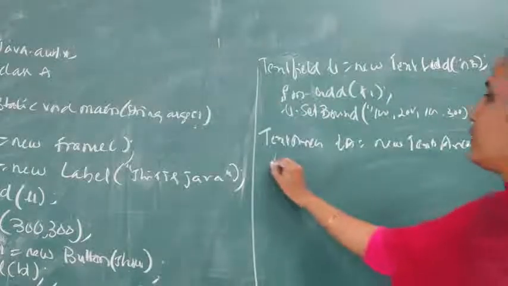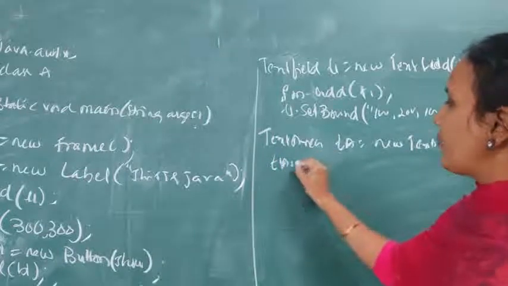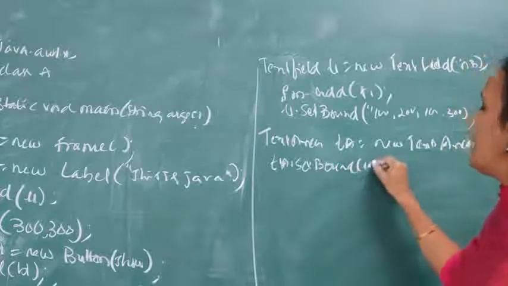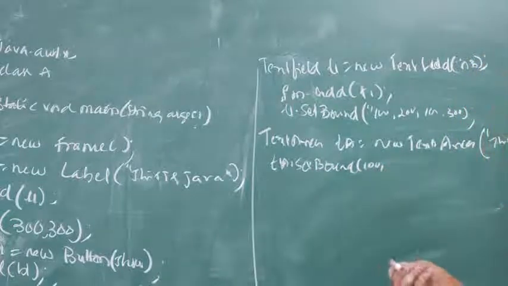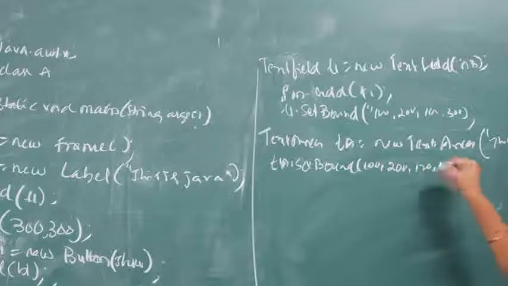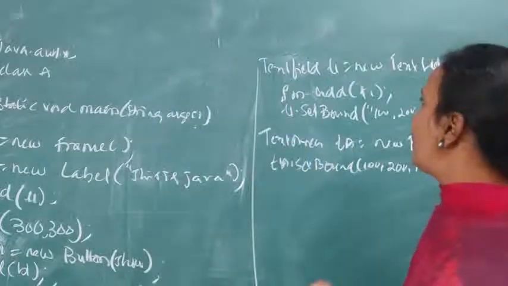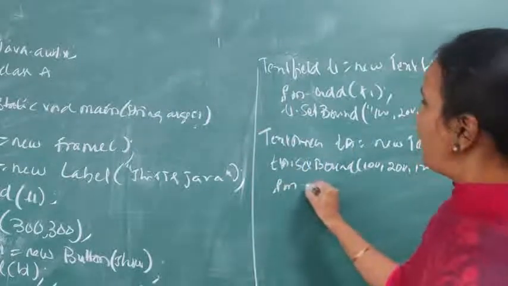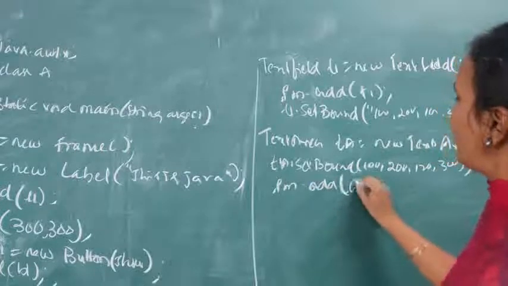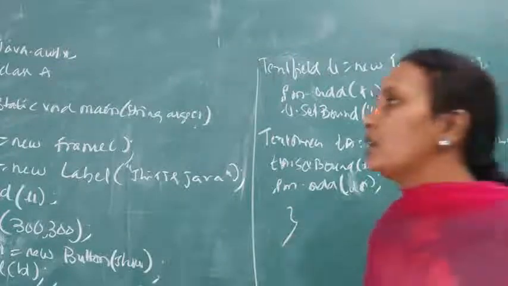After creating that, you should give the boundaries. TA.setBounds(100, 120, 300), just assuming the size. You can change sizes if you want. Next, you need to add this to the frame. F1.add(TA). Like this for every component.